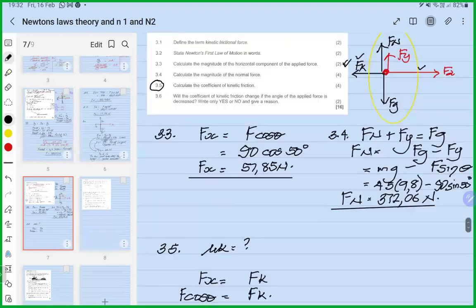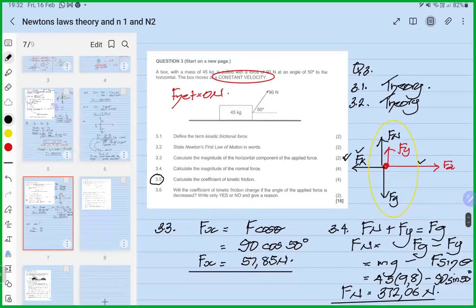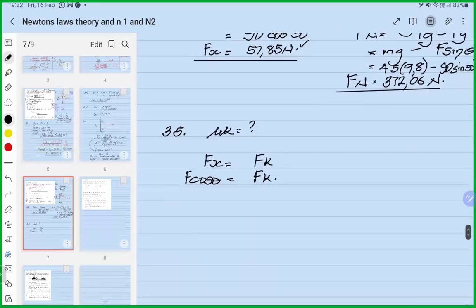We already worked out Fx. There it is, 57.85. Your normal, we got it there.